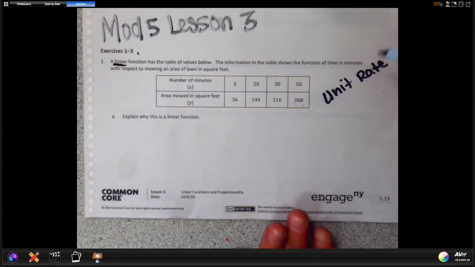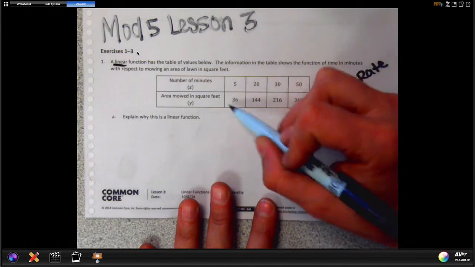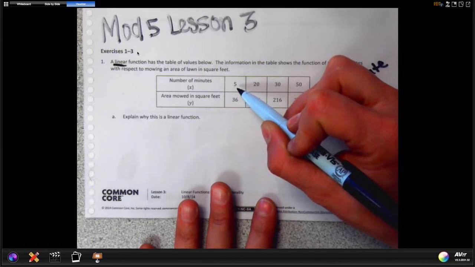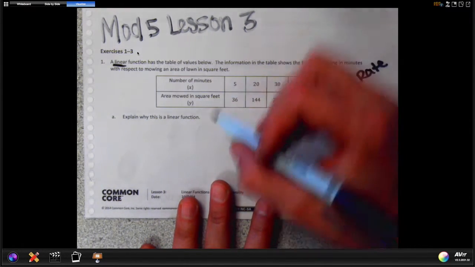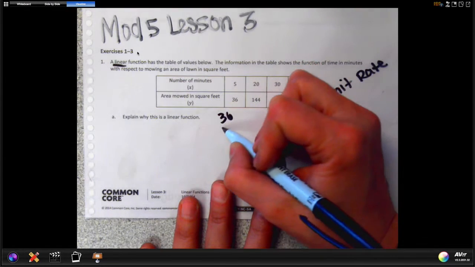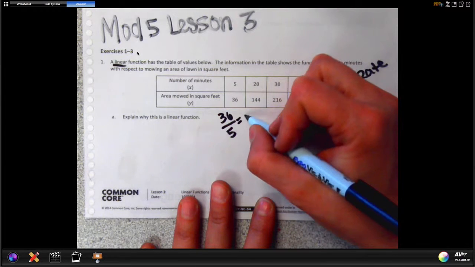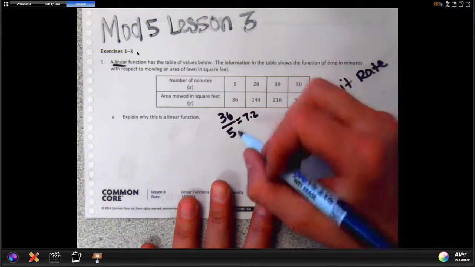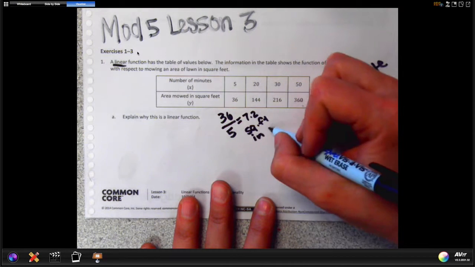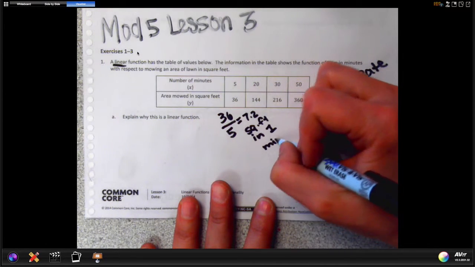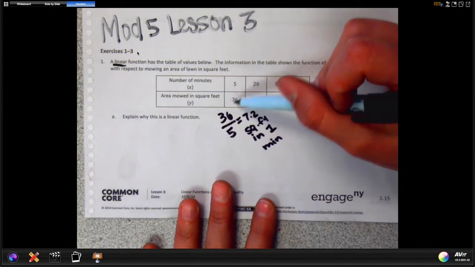The unit rate is to figure out, if you mow 36 square feet in 5 minutes, how much do you mow in 1 minute? You figure that out by going 36 divided by 5. If you do that in your calculator, you get 7.2 square feet in 1 minute. This is called the unit rate for this scenario.